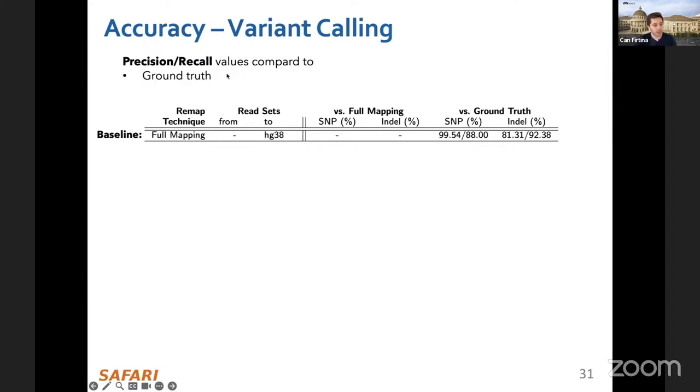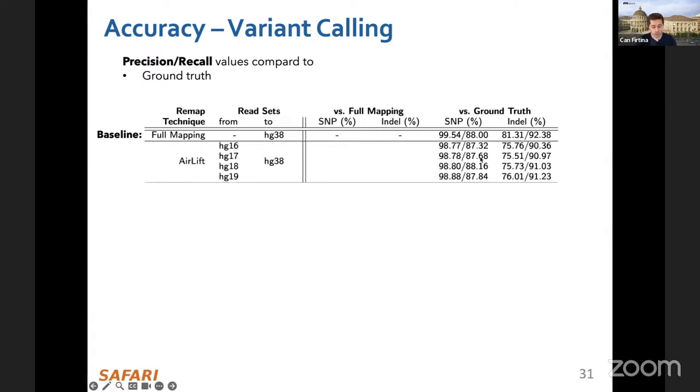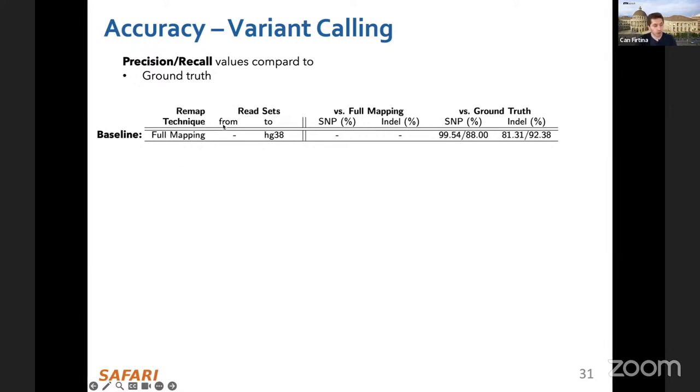And we compare our results to ground truth variant calling results. We do this for our baseline, which is full mapping, which means that we're essentially mapping all the reads directed to HG38, and then we're calling the variants, and then we're identifying the accuracy of SNPs and indels by calculating their precision and recall values.